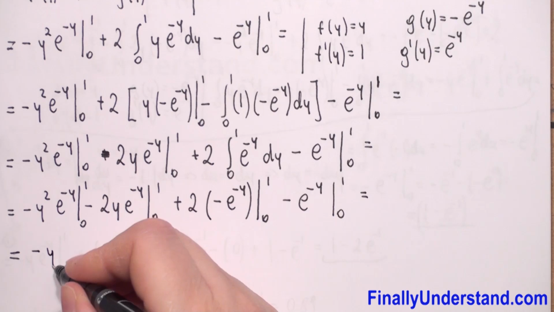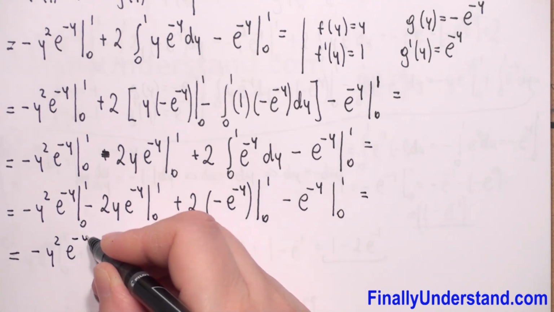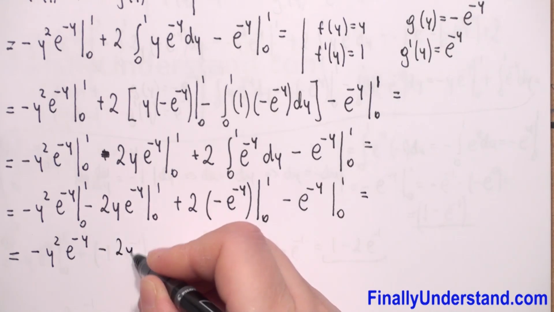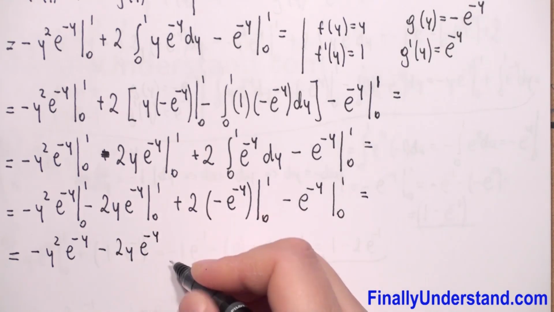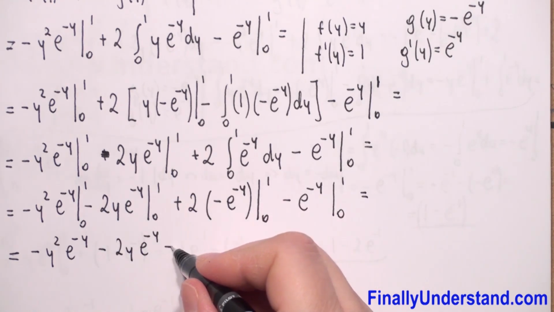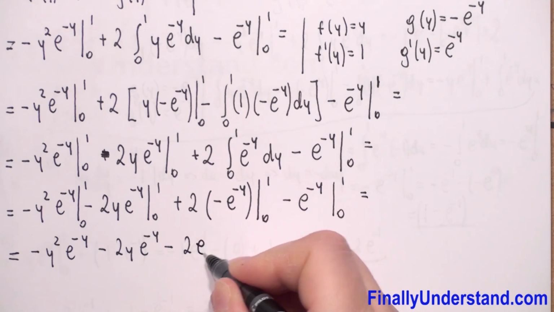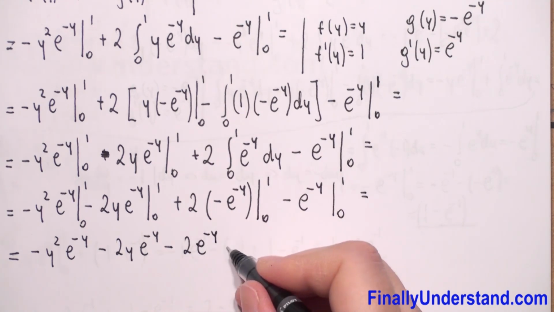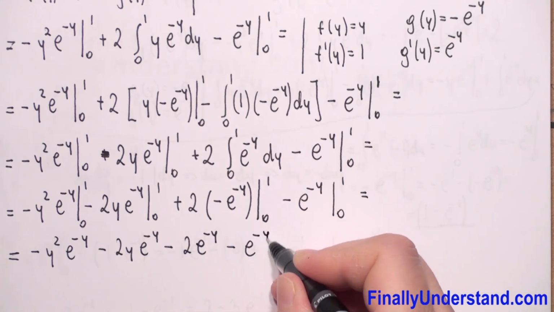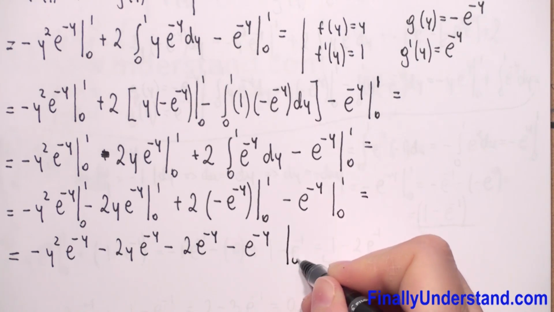We have negative y squared e to power negative y minus 2y e to power negative y. Positive and negative give us negative 2 e to power negative y minus e to power negative y, and we have limits from 0 to 1.